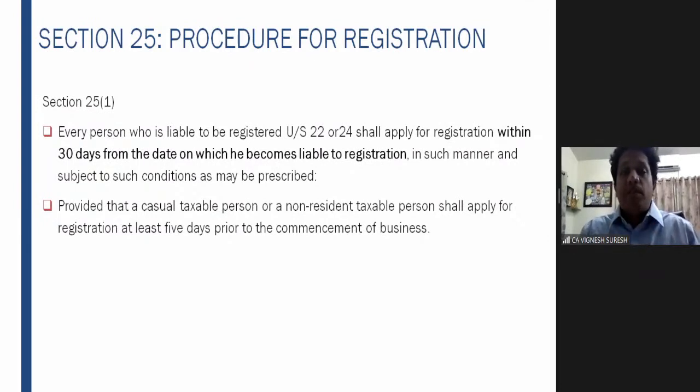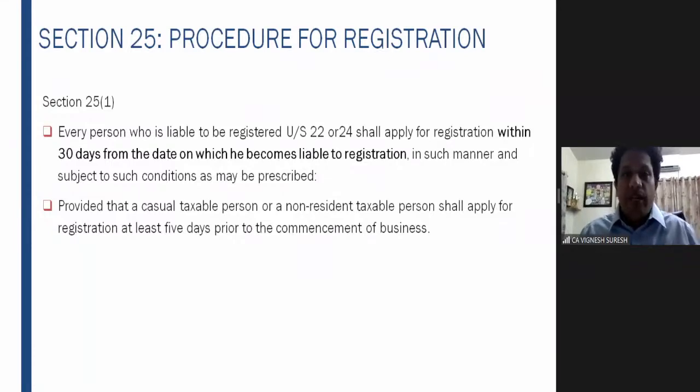Casual taxable person means a person who wants to participate in some temporary business activity in another state. When I say temporary, it can be for 3 days or 5 days or even up to 30 days. So therefore, if, for example, I'm in the state of Delhi and in the state of Rajasthan, there is an exhibition.